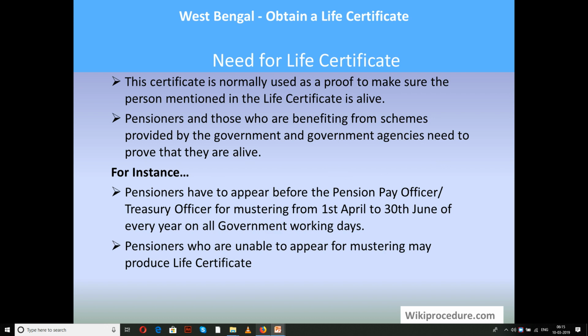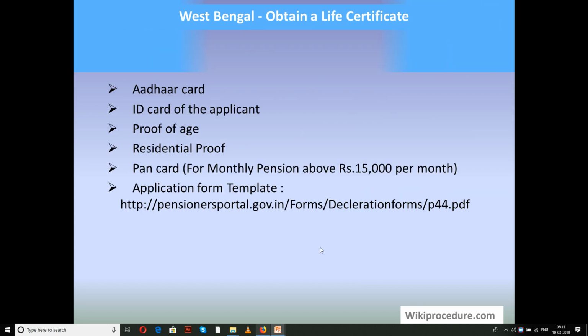For instance, pensioners have to appear before the pension pay officer or treasury officer for mustering from 1st April to 30th June of every year on all government working days to register their name as they are alive. Pensioners who are unable to appear for mustering may produce a life certificate and complete this procedure.